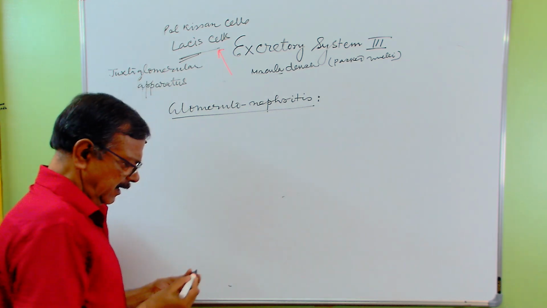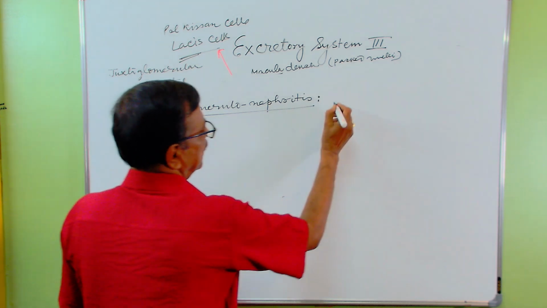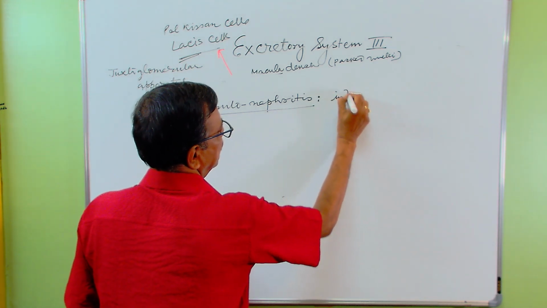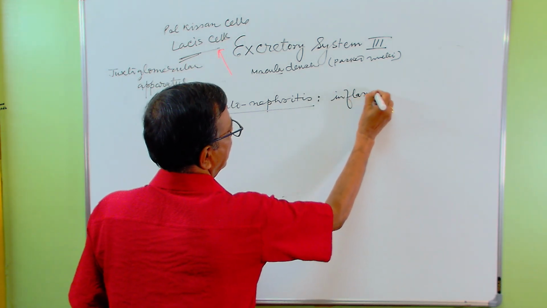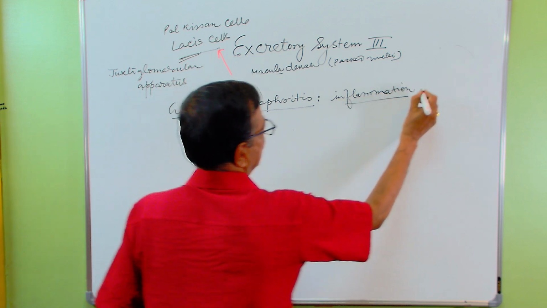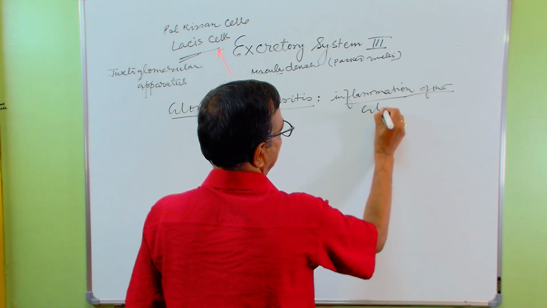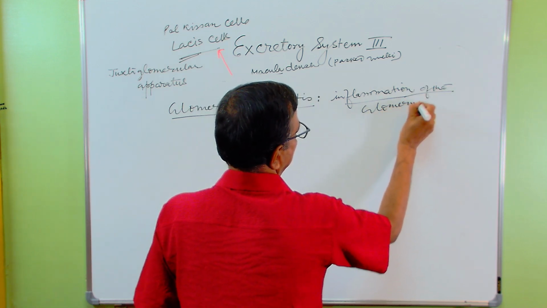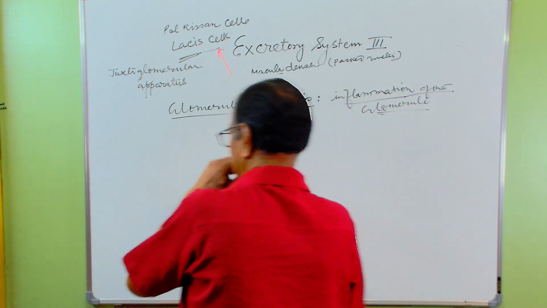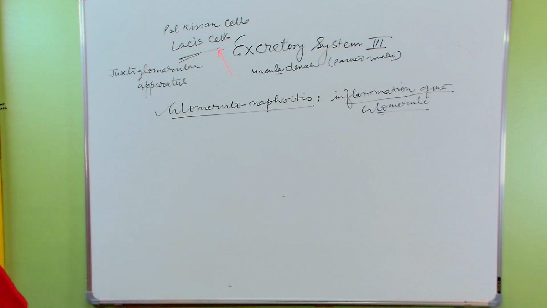Glomerulonephritis is the condition where the glomerulus is having inflammation. Inflammation of the glomeruli is called glomerulonephritis.